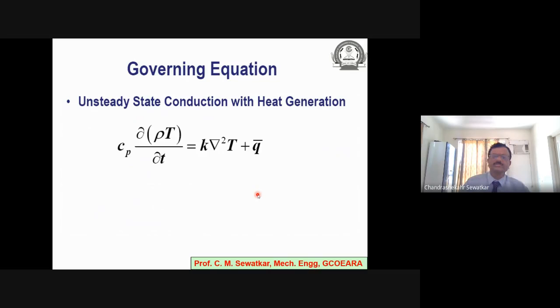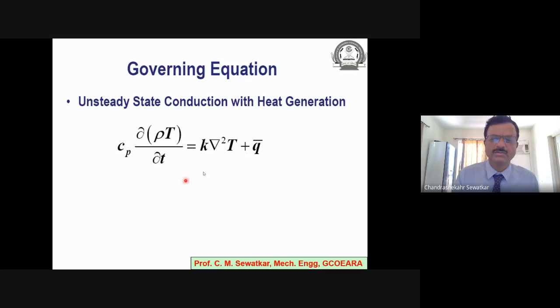The governing equation is like this now. If you look at the energy equation, we have Cp del by del t of rho T, and then we have a convection term. But while understanding the solution of the unsteady state heat conduction problem, we are considering only heat conduction, so we are not considering the convection term.